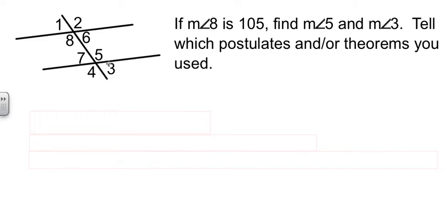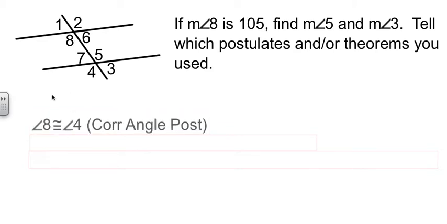Now, if I want to find out about angle 5 and 3 with angle 8, there's not a whole lot I can do directly. But the corresponding angle postulate tells me that 8 will be congruent to 4 because they're corresponding.